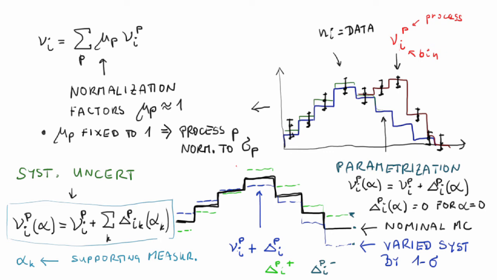Justification of this treatment for the theory uncertainties is much weaker. Nevertheless, people work with theory parameters in this way very often. The most common choice for a constraint term is the Gaussian distribution. However, other choices are possible as well.